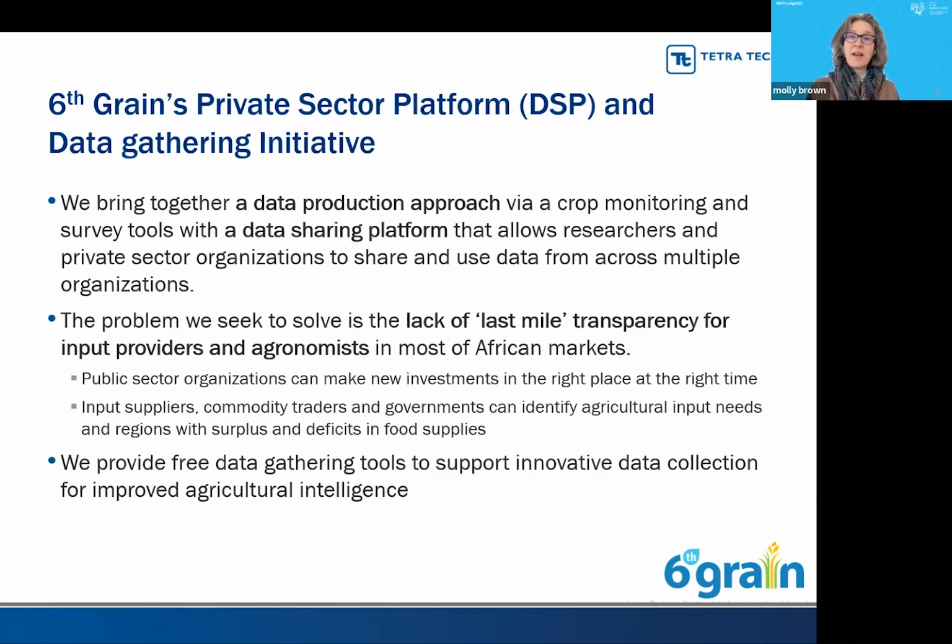Because of the way the low income agriculture sector functions, goods pass through so many hands that it's very hard for the organizations creating these products to understand whether or not they meet the need. So we've developed a number of free data gathering tools which help support innovative data collection and improved information.